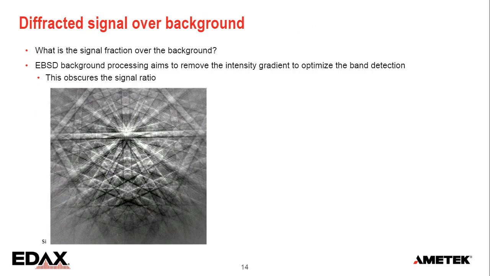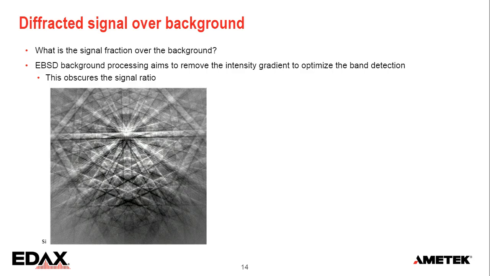Now, the next question is this signal over the background. So how many electrons do we get in the diffracted signal, and how much is background that we are removing? Because normally when we do EBSD analysis, the software will do a background processing. So we are taking an average over many grains, we get the intensity gradient, and we remove that from the pattern.